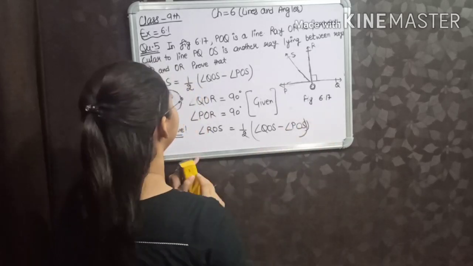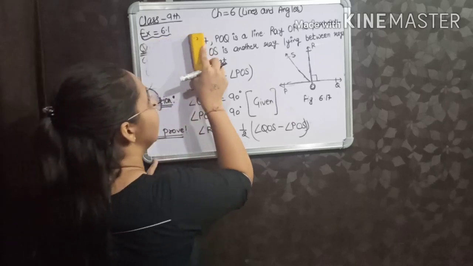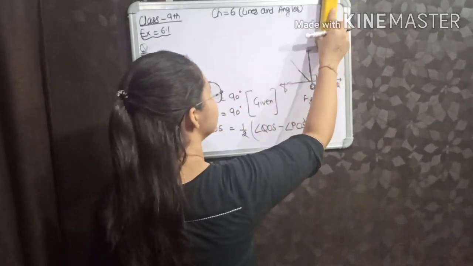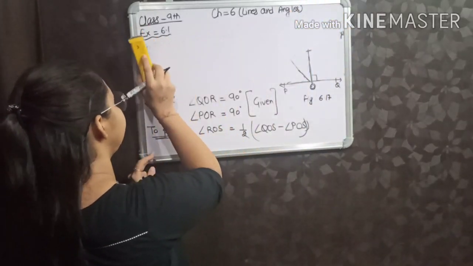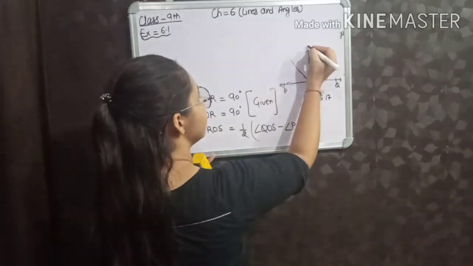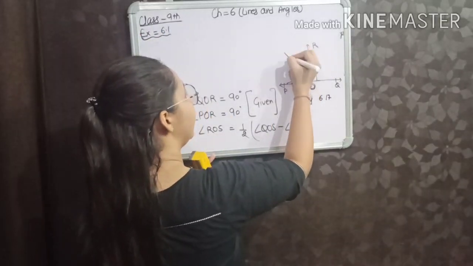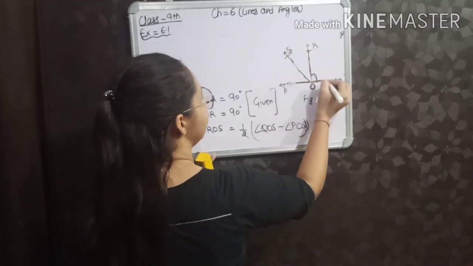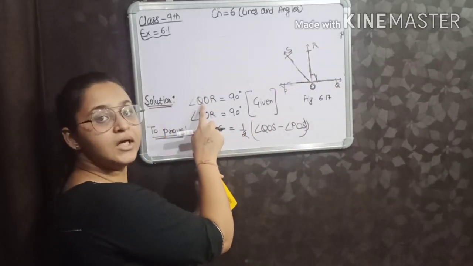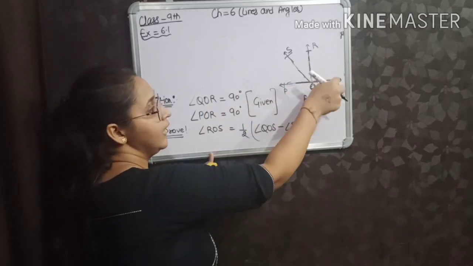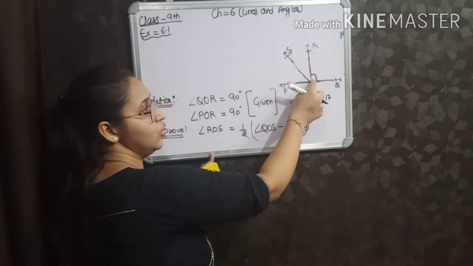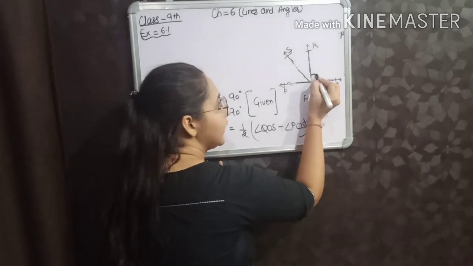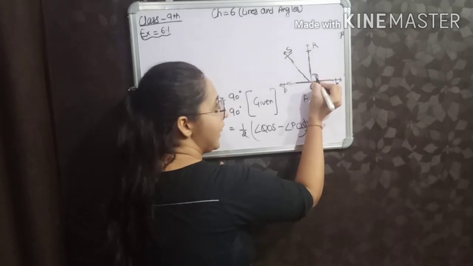Now, how will we proceed? First of all, see, this is OR and this is S. Now see, I am taking angle QOR. Angle QOR is equal to 90 degrees.